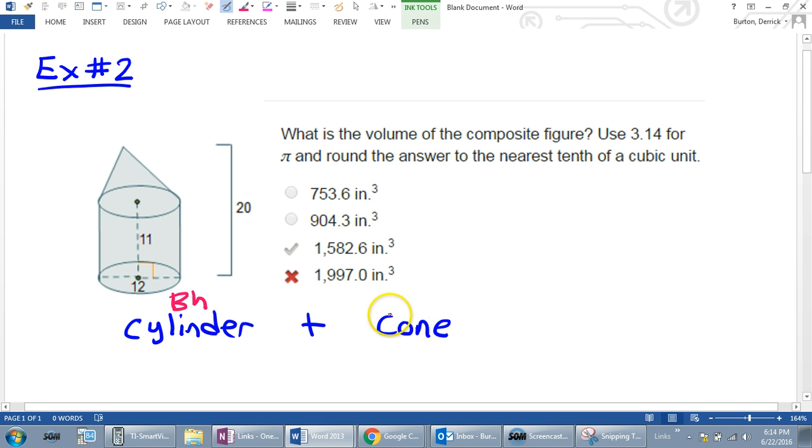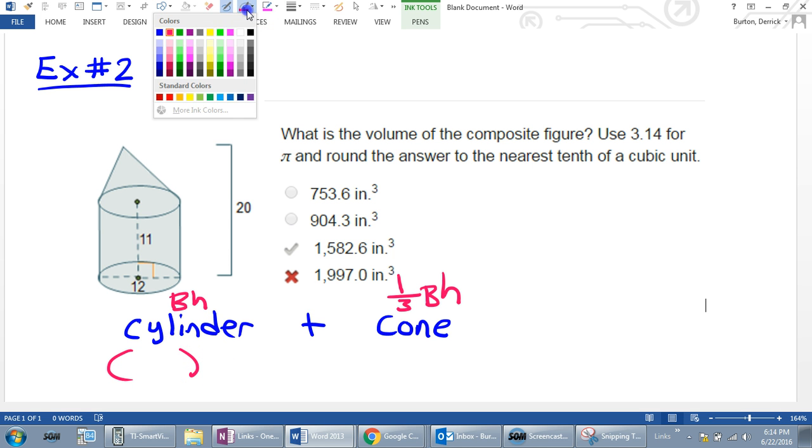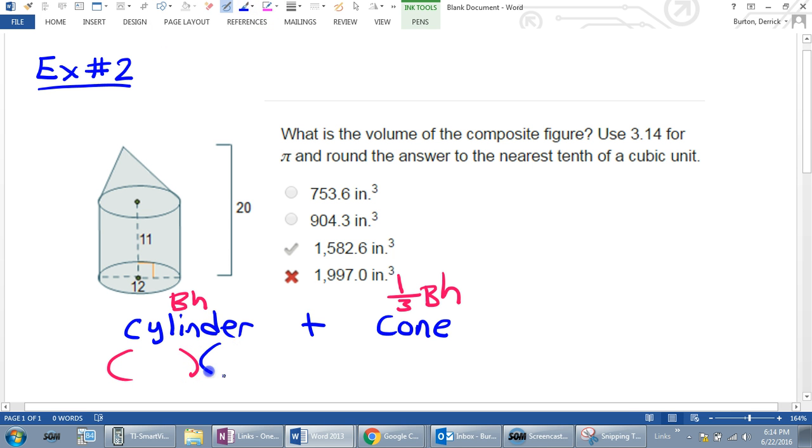On the other hand, the volume of a cone is 1/3 the area of the base times the height. So those are the formulas to keep in mind.